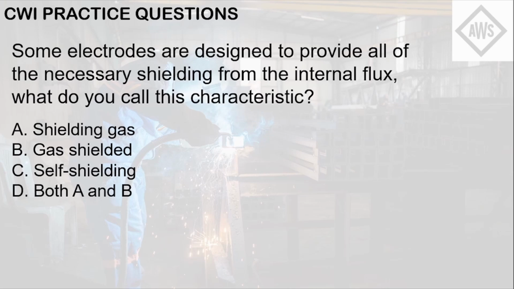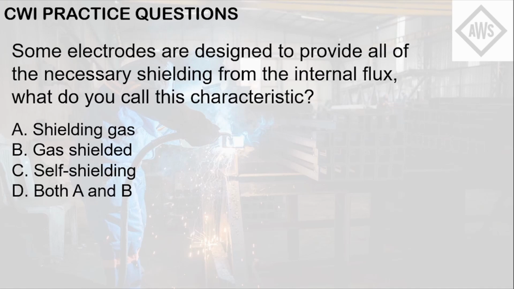For GMAW and FCAW, sometimes you need a separate shielding gas input to protect the weld from atmospheric gases. For FCAW, one advantage is that it can be self-shielding, meaning the necessary shielding for the welding process comes from the internal flux.